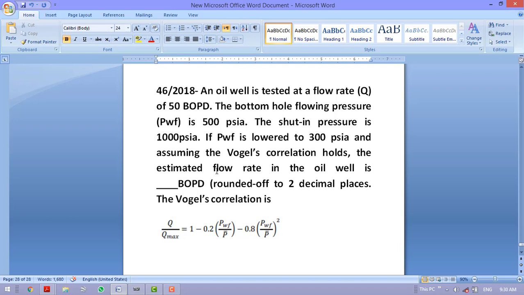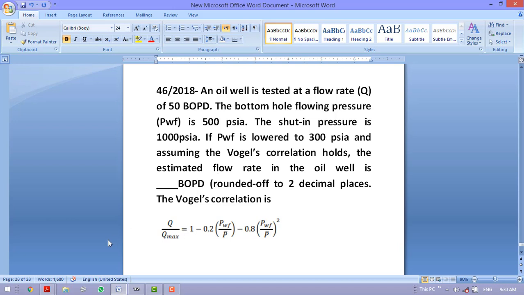We have to find the estimated flow rate at 300 psi by using Vogel's correlation: Q by Q max is equal to 1 minus 0.2 into PWF by P, where P is nothing but your shut-in pressure, minus 0.8 into PWF by P whole square.